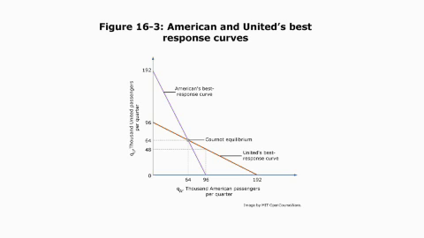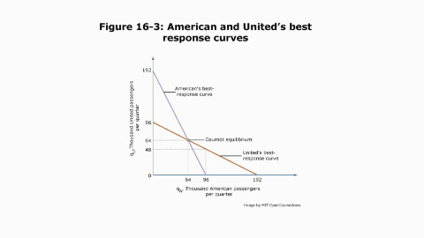But the bottom line is, essentially, we can write these best response curves as the quantity I'm going to produce given the quantity the other firm produces. And the key thing is that these are symmetric in this example. Since the costs are the same and they both face the same market demand, these curves are symmetric.